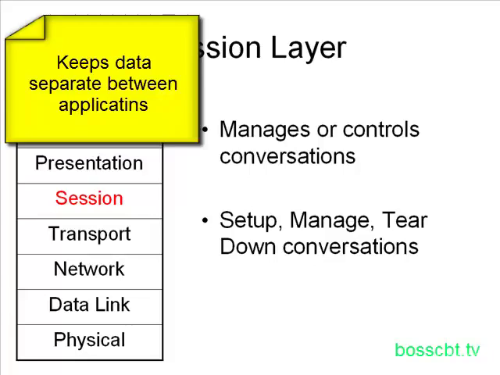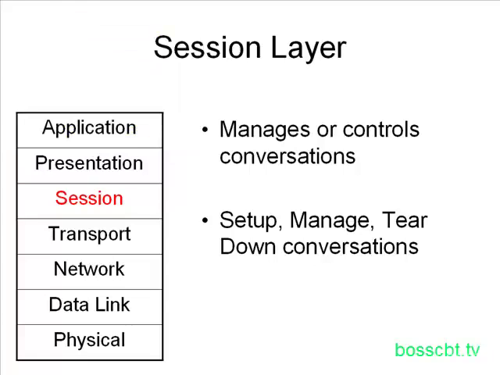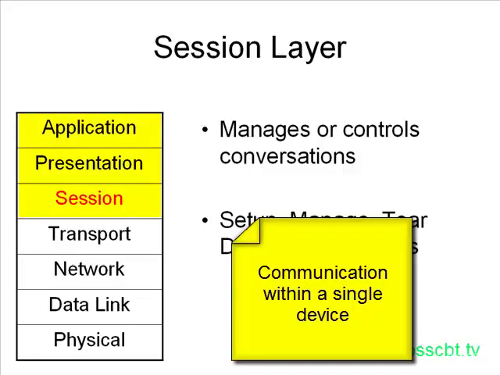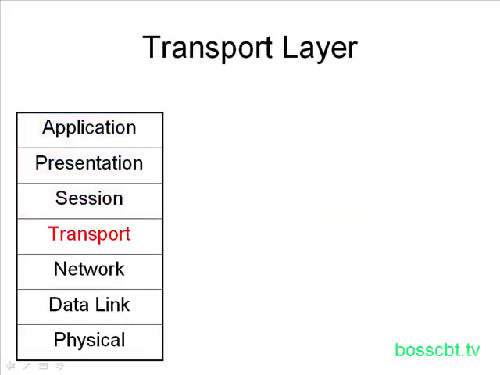Now let's continue our track down the OSI model and take a look at the transport layer. But keep in mind, we just finished the top 3 layers, and these all have to do, like we mentioned, with the communication process within a particular device. Now we're going to move into the second grouping, the last 4 layers, and that is where we start to get into the details of how that data is communicated or delivered between different devices.